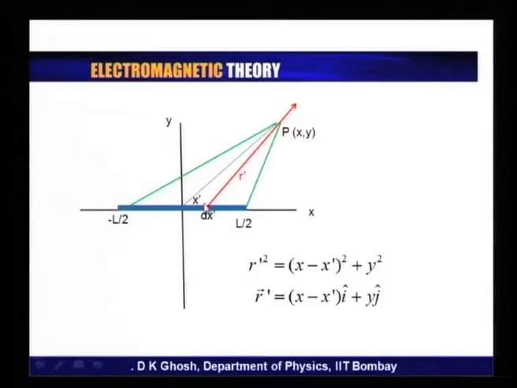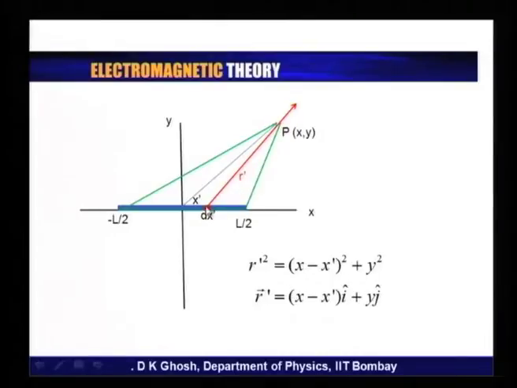Now, what is this distance r prime? Now, notice r prime square is given by, you can complete a right angle triangle here, x minus x prime whole square plus y square. x is the x coordinate of P, y is the y coordinate of P. So, x and y are fixed, whereas this x prime will change depending upon where I am taking this length element dx prime.